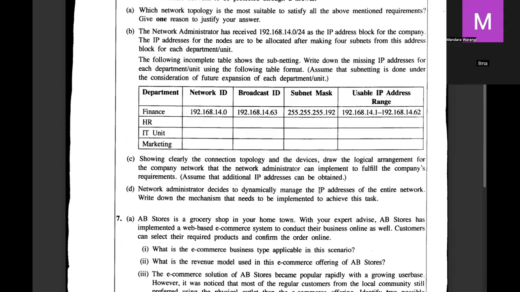So here the answer is the DHCP server. The DHCP server is what we use to dynamically allocate addresses. If I draw it and show you, the theory is something like this. To dynamically manage the IP addresses, if you attach a DHCP server, it gives IP addresses dynamically to these devices in the LAN.